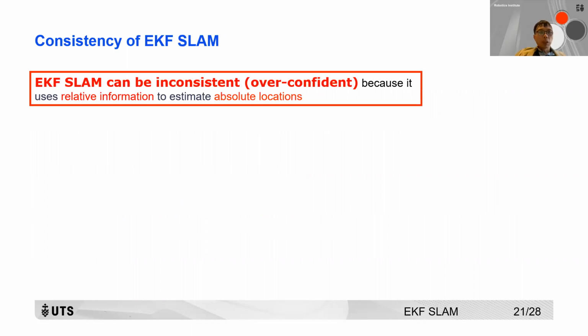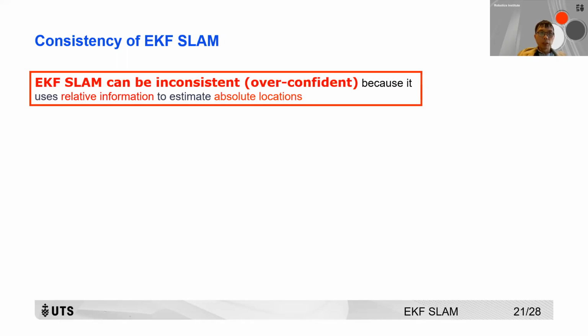So in our paper, we analyze this a bit further. What we found is that EKF SLAM can be overconfident mainly because it uses relative information to estimate absolute locations.